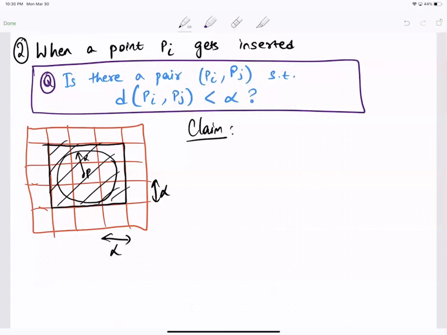Let me write that down. Claim: we only have to look at the 9 cells shaded in black.